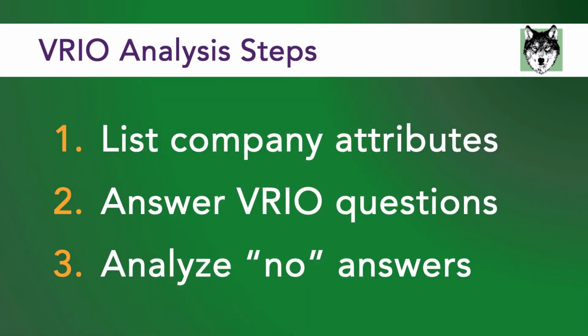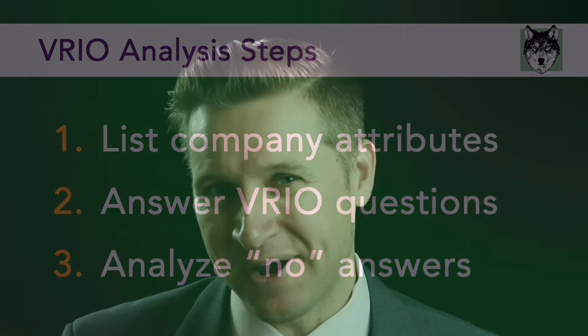Now I'm going to give you a little secret on how you can take this analysis to the next level. And this is what I like to do. I like to go through the list of all the analysis that I've done, and I look at all the no's. And next to every no, I write a little description of why I put that no there.